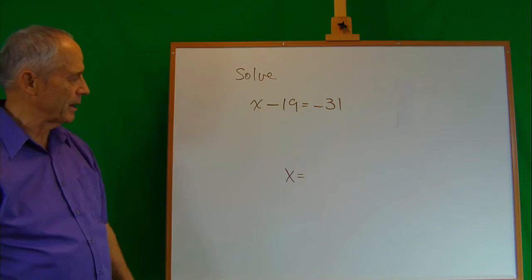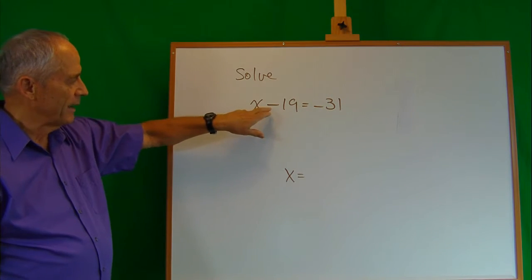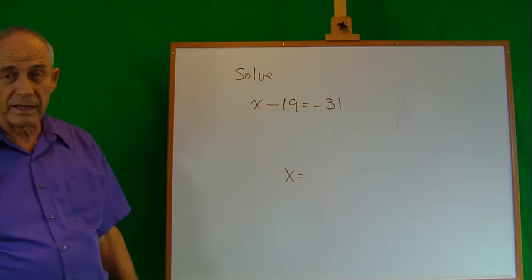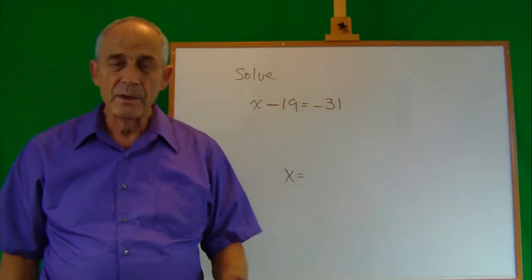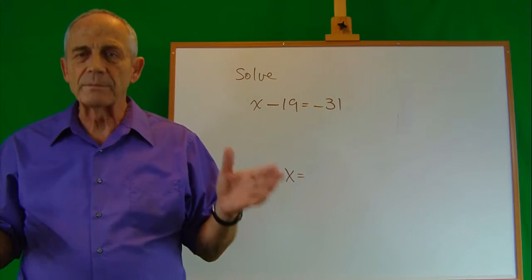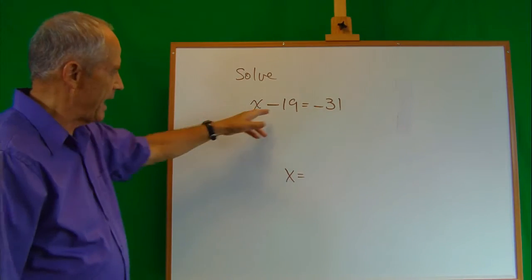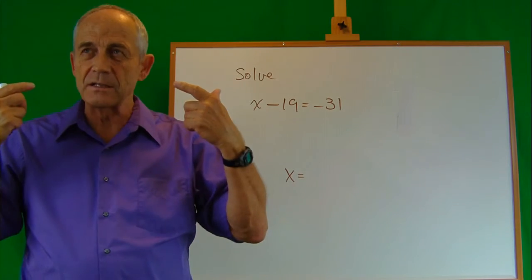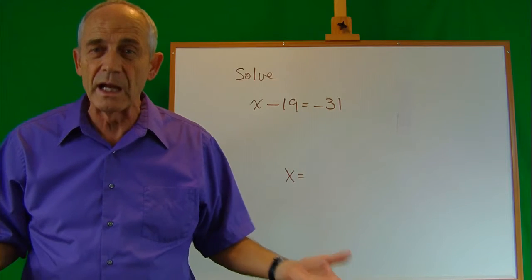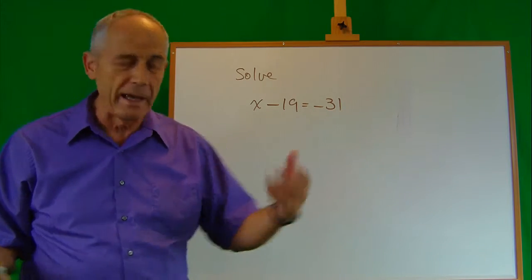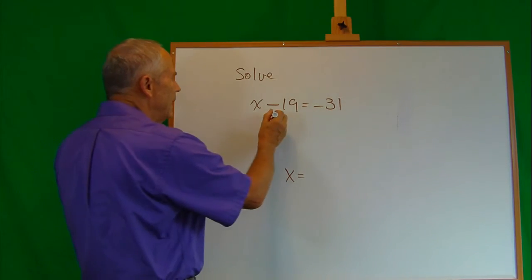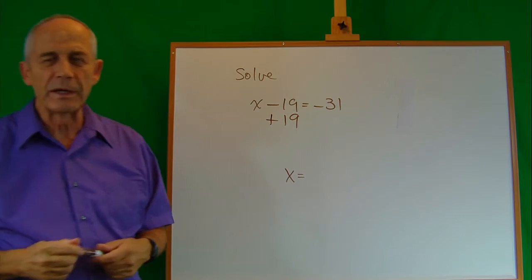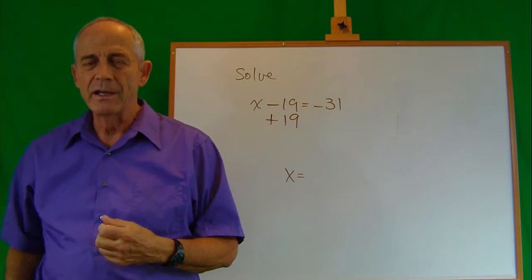I look up here and say, okay, if I'm going to balance and get this down where it needs to be, I've got to get rid of that 19. I look at what's been done. They have subtracted 19. I want to undo that. If they subtracted, what undoes the subtraction? That's pretty simple. I'm going to add 19, because addition undoes subtraction.